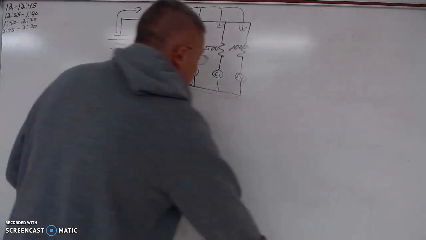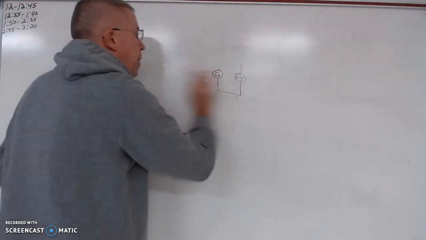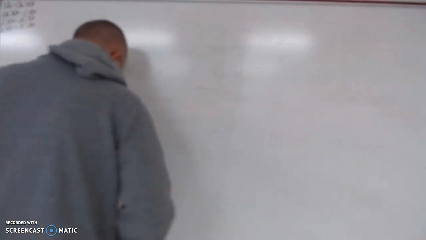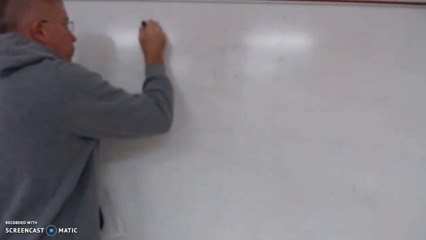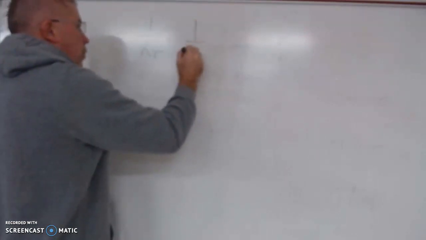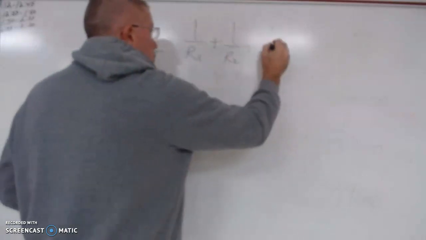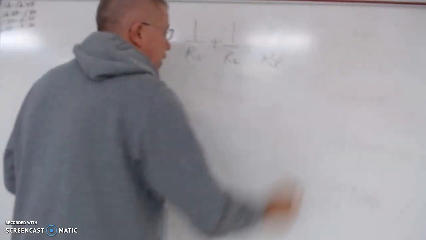And now I'm going to show you how we calculate total resistance in a parallel circuit. 1 over RT equals 1 over R1 plus 1 over R2 plus 1 over R3. That's the equation we use all the time.